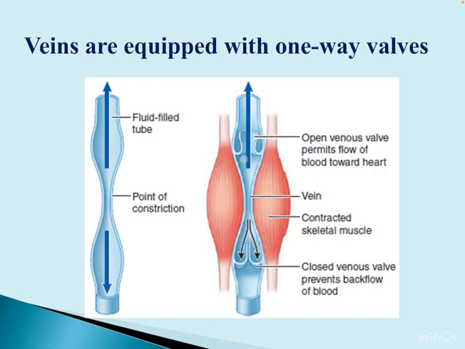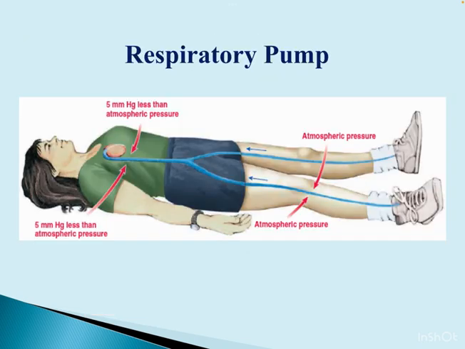So blood can only be driven forward because the large veins are equipped with one-way valves spaced at 2 to 4 centimeter intervals. These valves let the blood move forward to the heart but keep it from moving back towards the tissue. So this is the advantage of one-way valves.